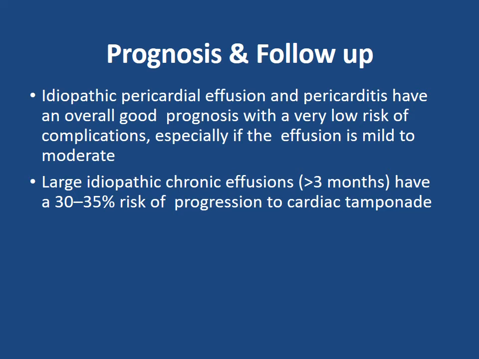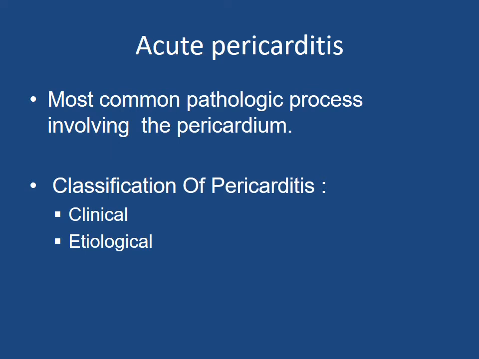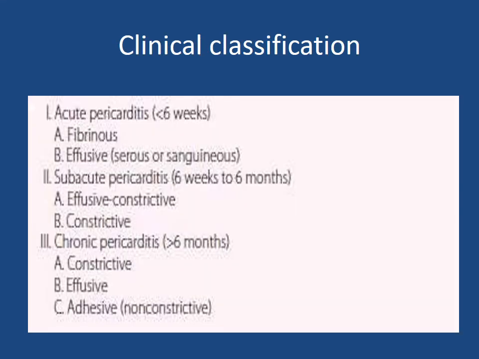Now we will discuss the next topic, acute pericarditis, the most common pathological process involving the pericardium. It is classified according to the clinical as well as the etiological agent. The clinical classification includes acute, subacute or chronic pericarditis, according to the duration.